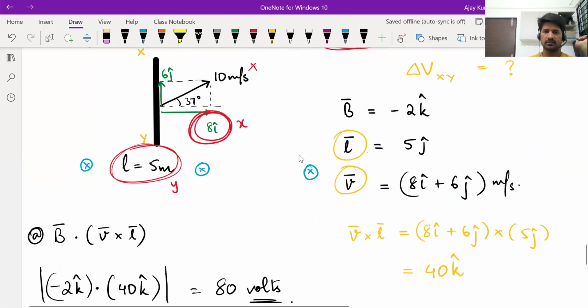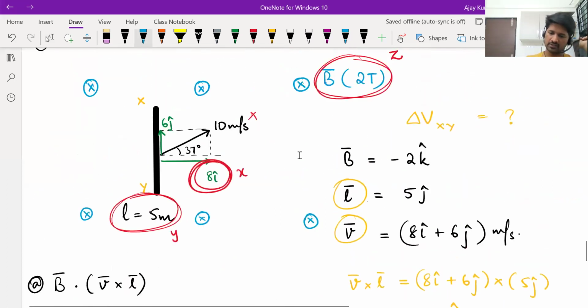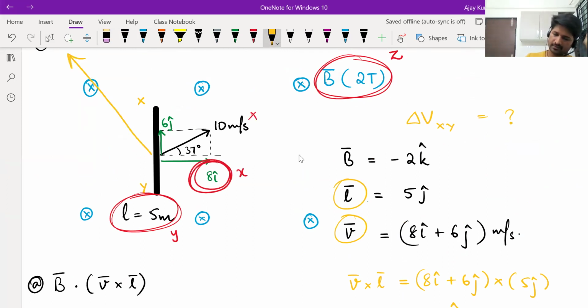In the given question, you can see the velocity vector direction is like this. Magnetic field is into your screen. So V cross B, if you take, in this case, it will be this way. This is the direction of V cross B. So positives will tend to get pushed that way, negatives in the opposite direction. But the rod is not actually in that direction, it's in the vertical direction.